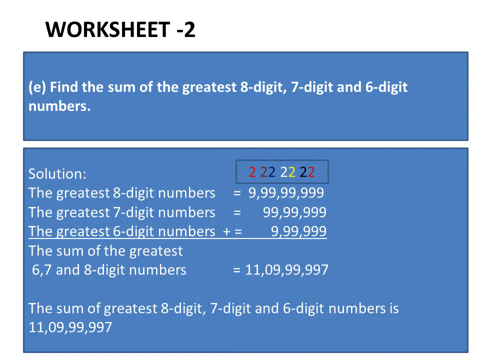And the last statement is the sum of greatest 8-digit, 7-digit and 6-digit numbers is 11,999,997.